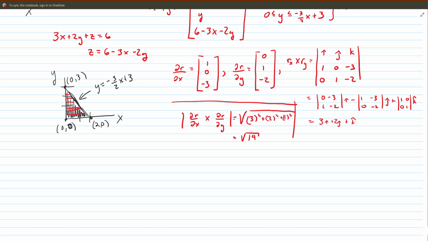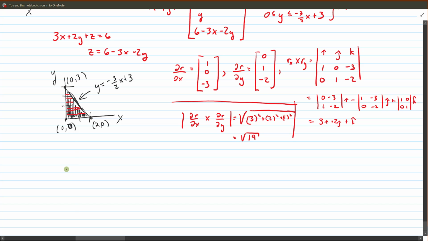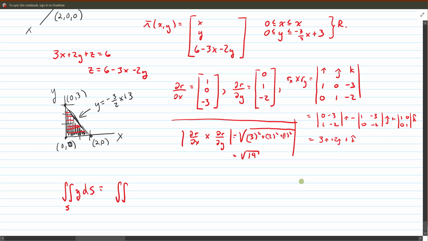So now we're ready to tackle the surface integral completely. So here was our surface integral. And what we do is we transform this into the uv space, which in this case I'm still labeling as x and y. And I did that only because I'm using the natural parameterization there. If you'd rather use u and v, you're welcome to do so.